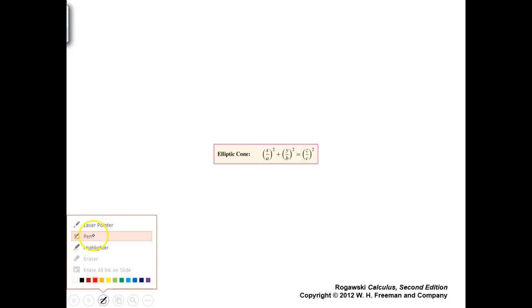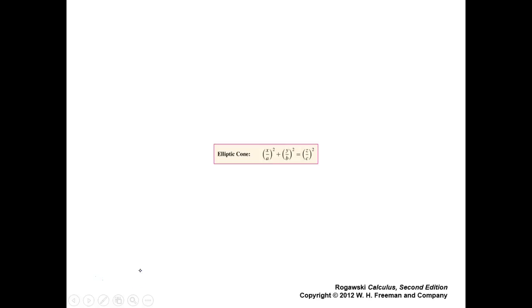What was the standard equation for a sphere? It was a special case of an ellipsoid, where all the axes are equal.